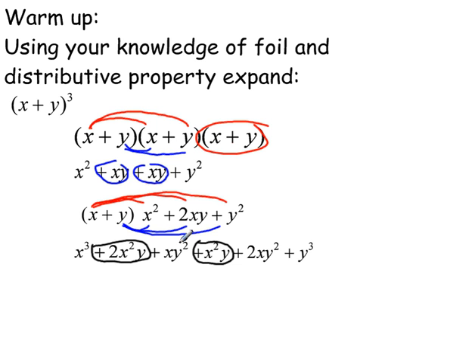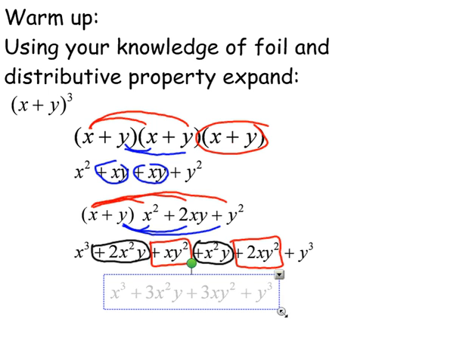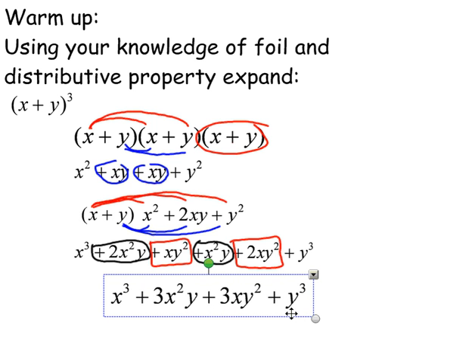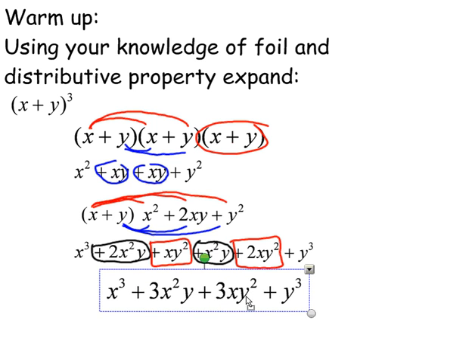And we also have like terms here, xy squared, and here 2xy squared. So we combine the like terms and we finally get this. This is our final answer when we expand (x + y) to the third. Alright, so that took a while.